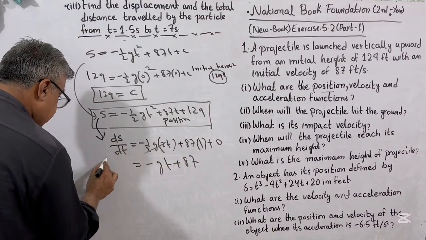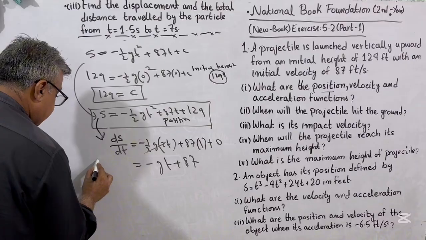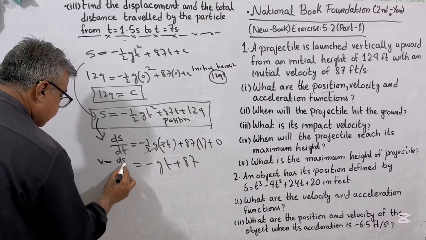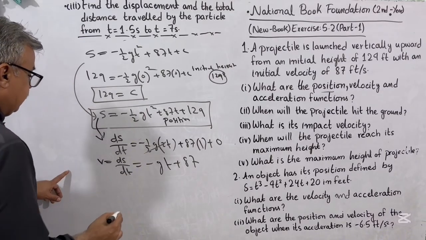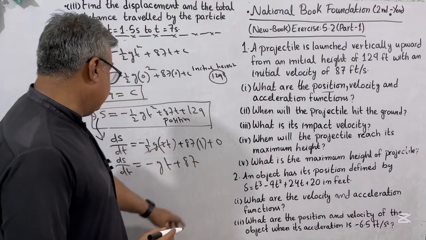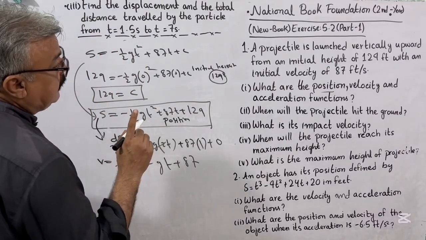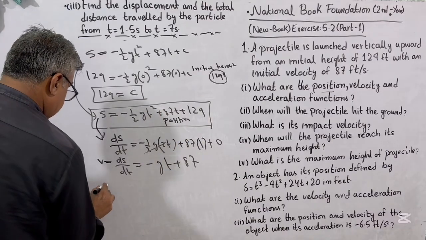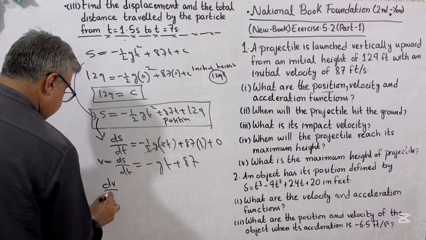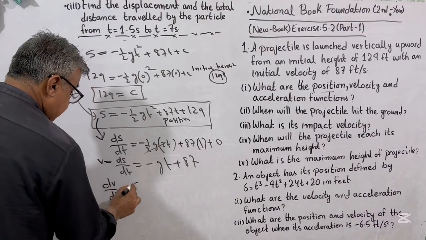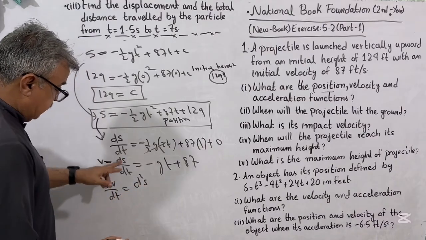That is our ds over dt, the velocity. Okay, cool concept. Again, we are asked to find acceleration. Again, differentiate v with respect to t, or take the double derivative of displacement with respect to time.